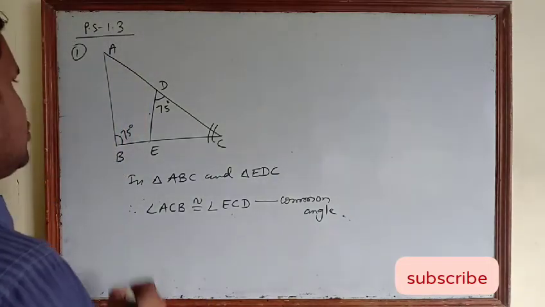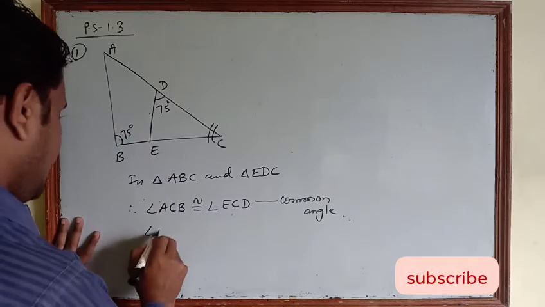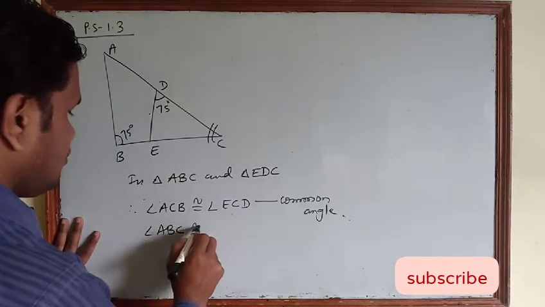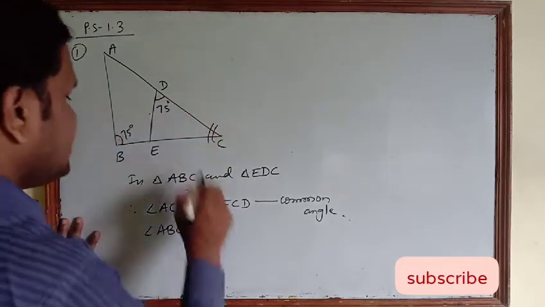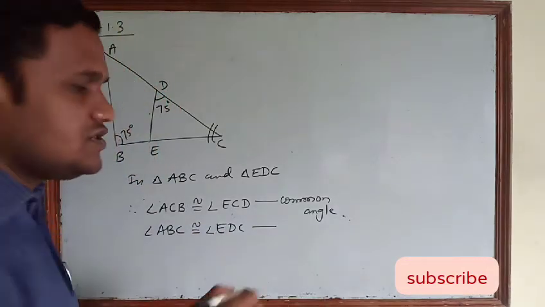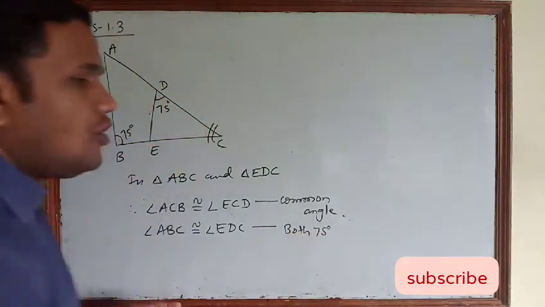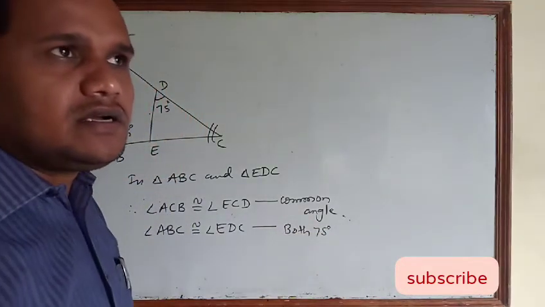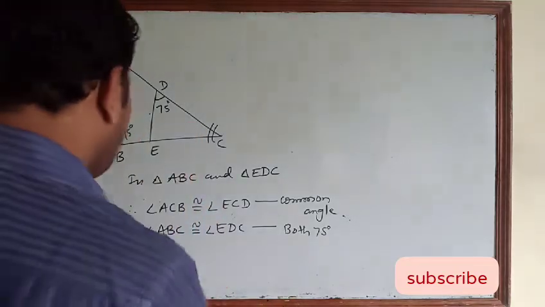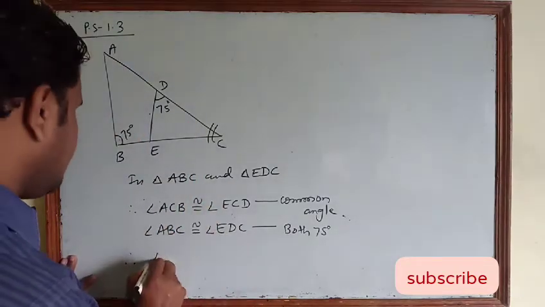Also in these two triangles, angle ABC is congruent to angle EDC. You may write down the reason: both 75 degrees, or you may write down that it is given. That's why you got two pairs of angles congruent. So your work is done.